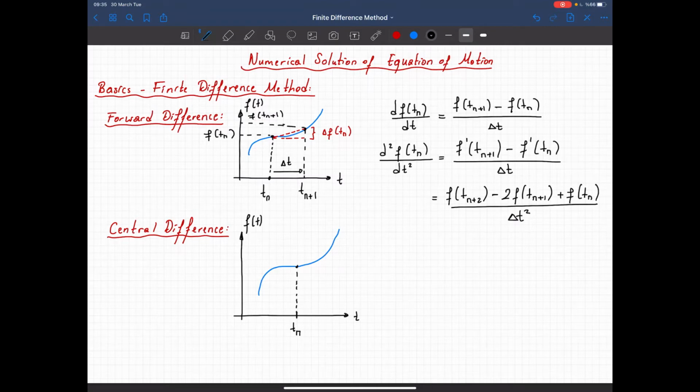So we will be using the values of a previous time step, Tn minus 1, and the next time step, Tn plus 1. So this is delta t and delta t.